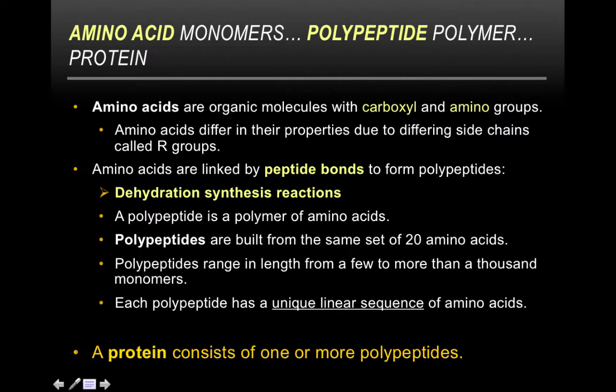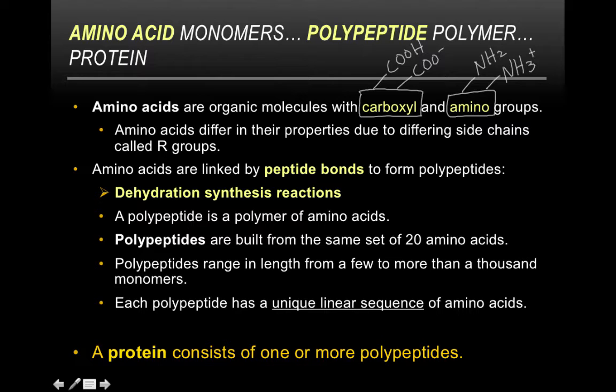Going back to the previous slide, you saw that all amino acids have a carboxyl group and an amino group. The carboxyl group might be COOH, or it could be COO minus. The amino group could be NH2, or it could be NH3 plus, the charged forms being more likely inside of a cell.